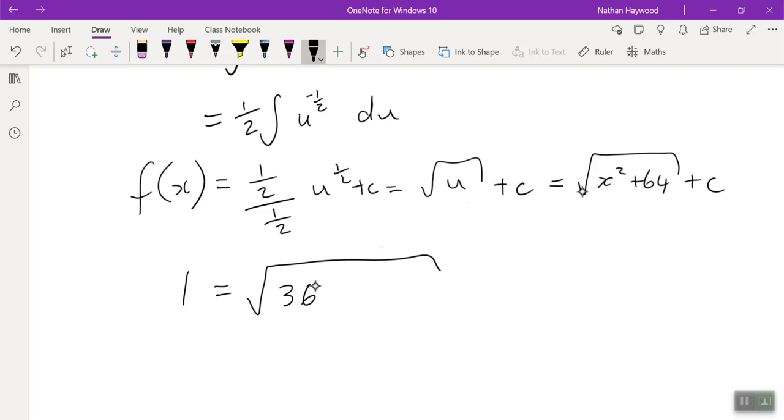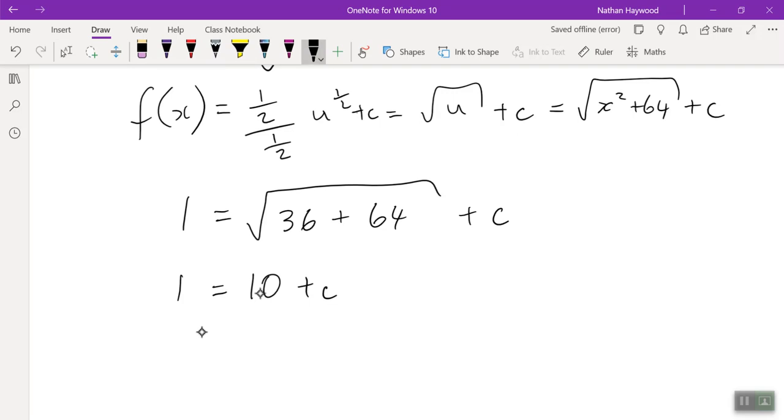6. So 6 squared plus 64, look at that. It conveniently works out to be 100, which is square root of 100 is 10. Bring that over, you have negative 10.